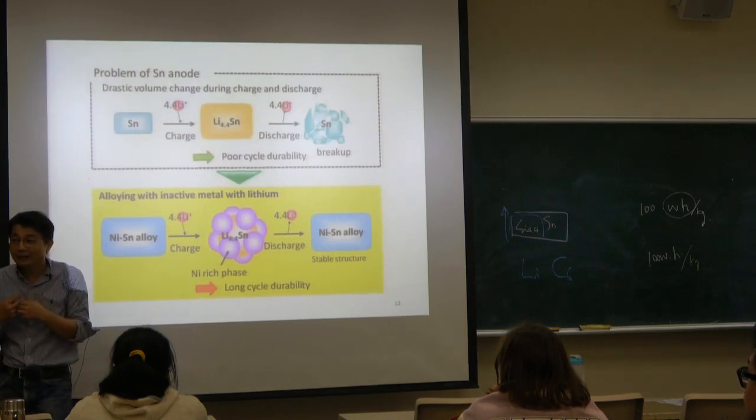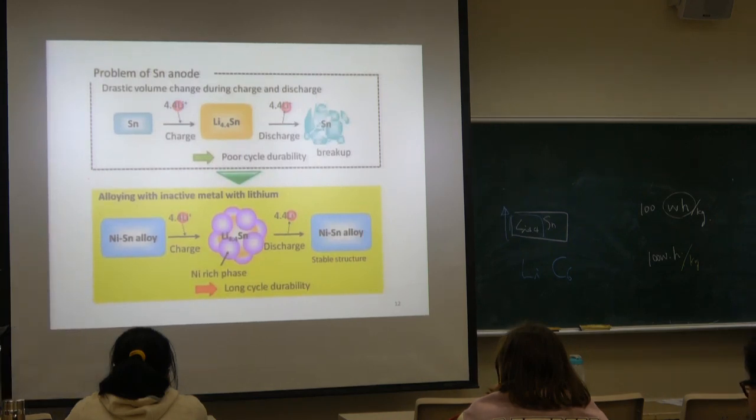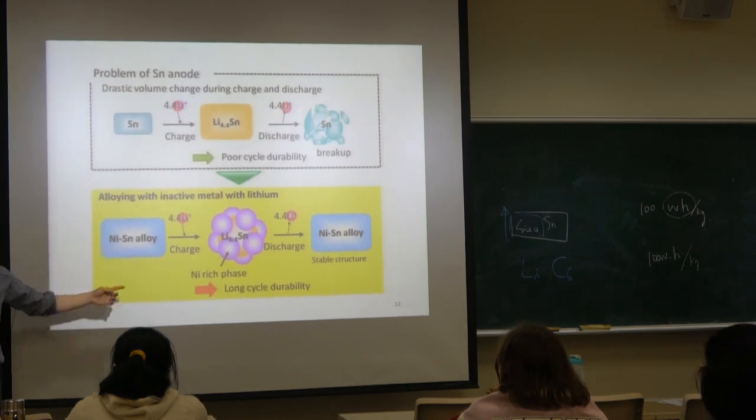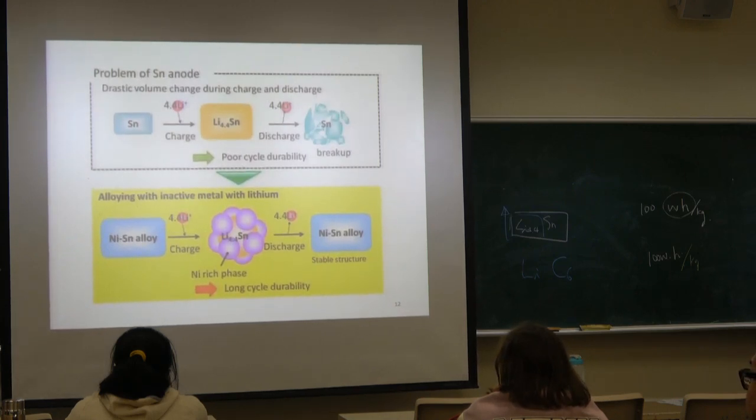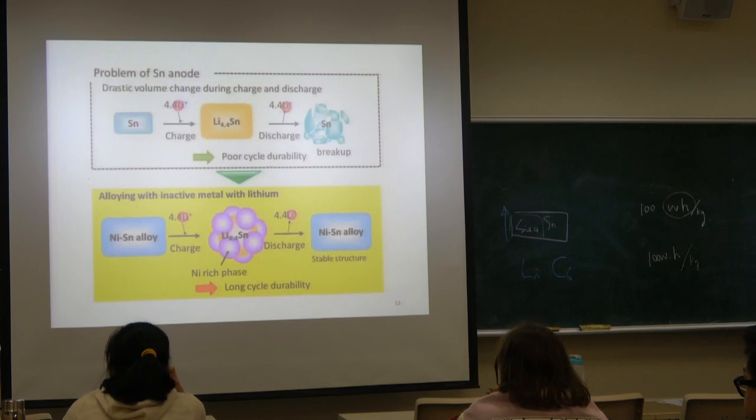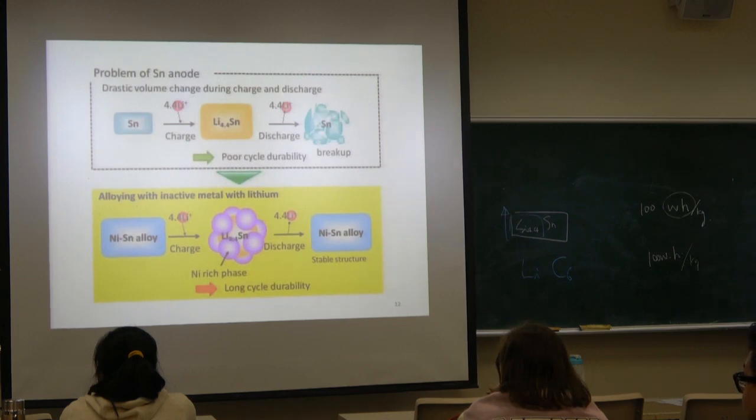Then I come out with another question: because this is a literature report, someone else's report, based on your presentation I will ask whether it's possible to use other materials. Can I replace the nickel by copper? Can I replace the nickel by molybdenum?